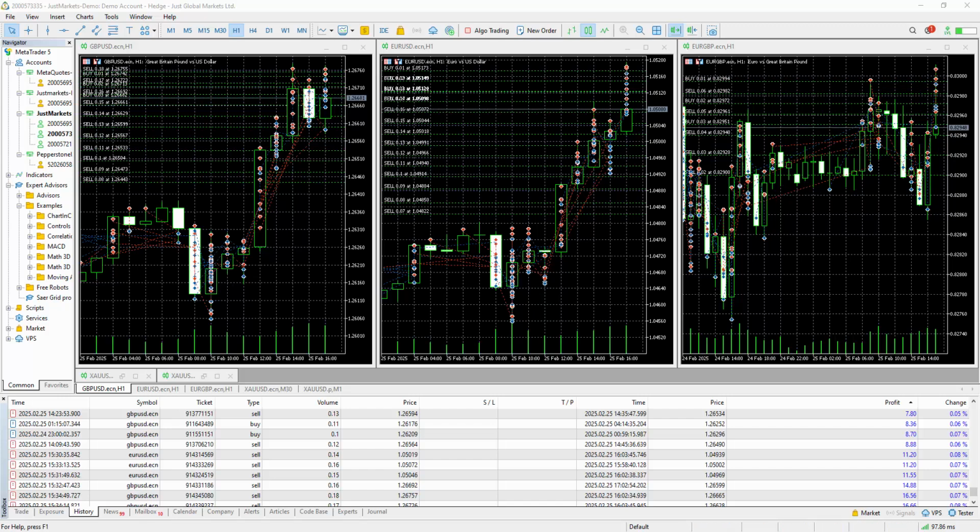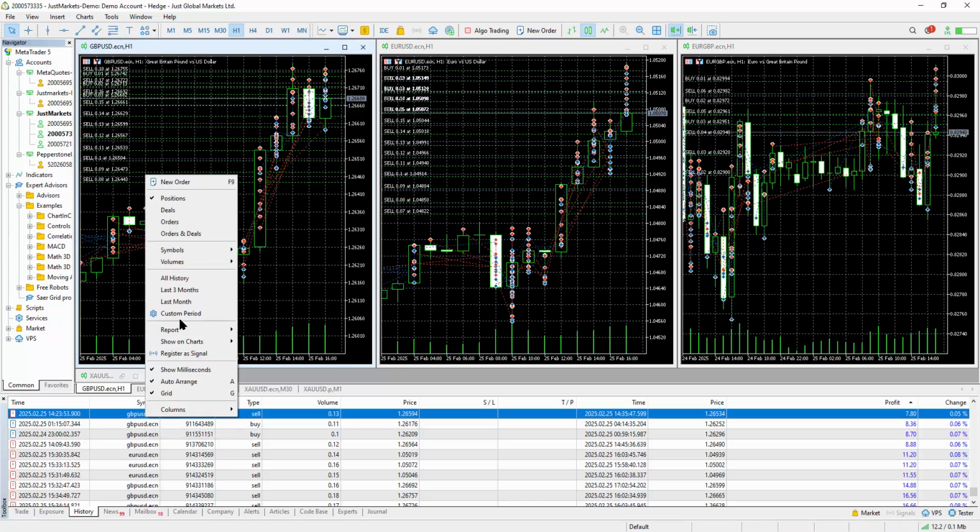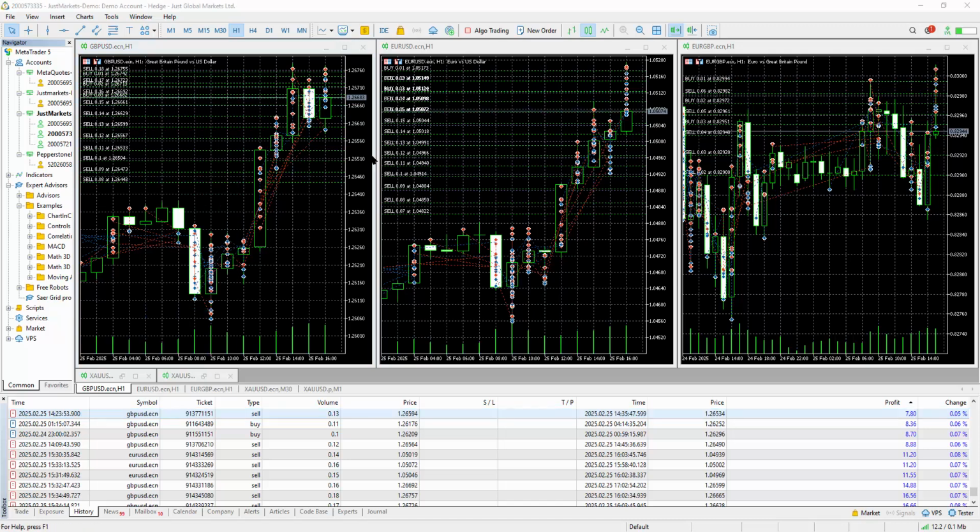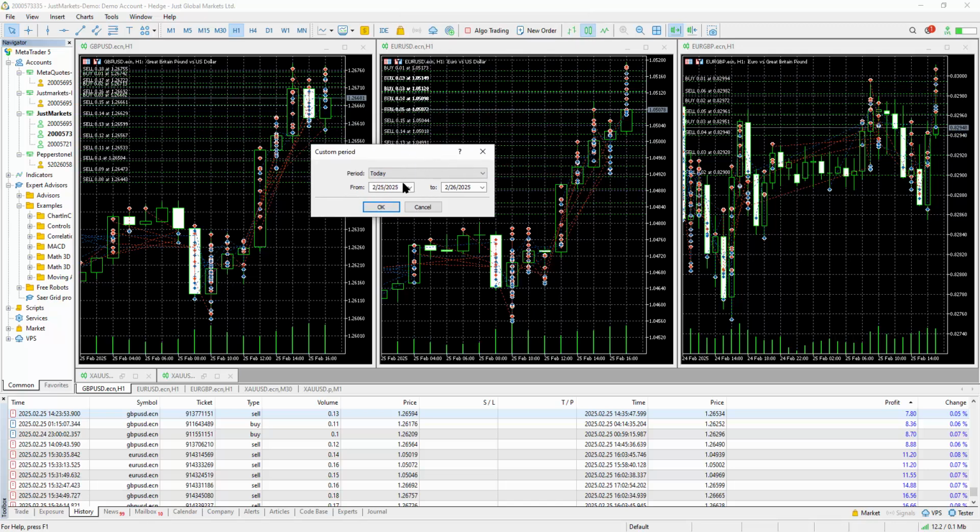We tried this for many months, and then finally we decided to test it. If I do a custom period, it's only for today. With these three currency pairs, today means from 6 p.m. Eastern, when the Asian market opens up, until 4 p.m. Eastern, when all markets close and the brokers go into settling the trades.